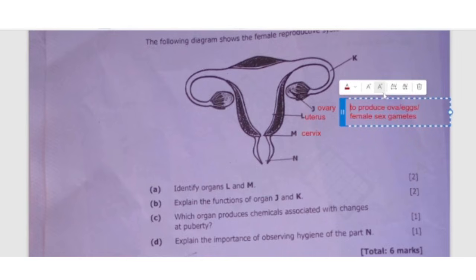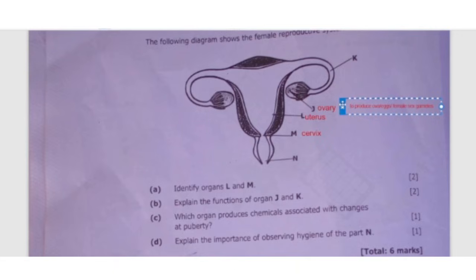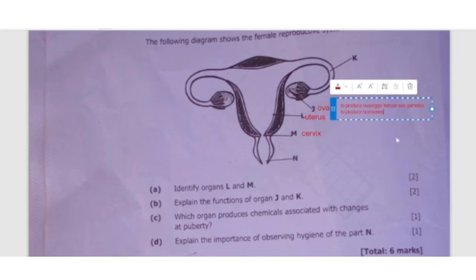Let me just reduce the size of the words and bring it a bit closer. To produce sex gametes. The other one is to produce hormones. Okay, those are the two functions of the ovary.